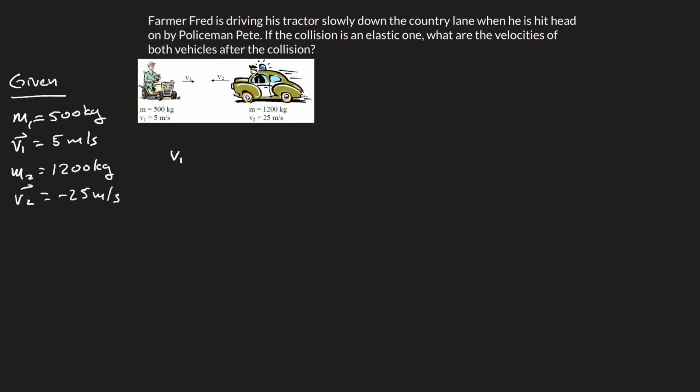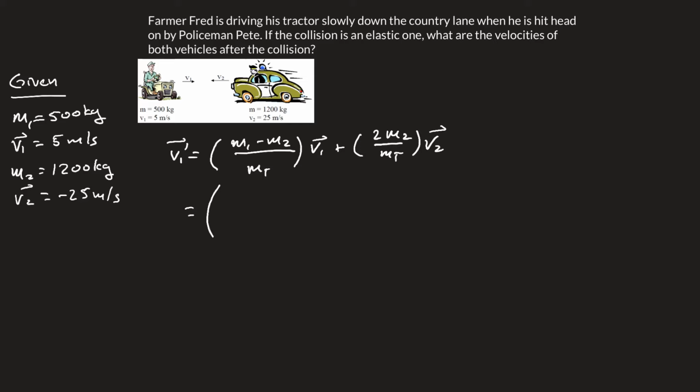So that is as such: v1 prime is equal to (m1 minus m2) over mt times v1, plus 2 m2 over mt times v2. And again, you could derive this by making use of your conservation of momentum equations. So this is as simple as plugging everything in and solving.